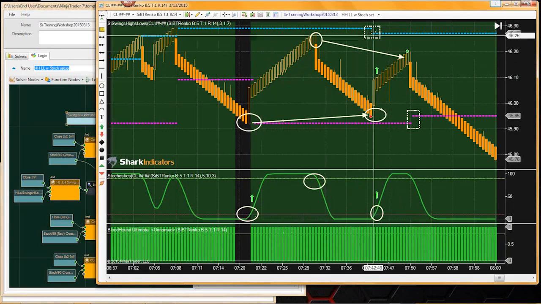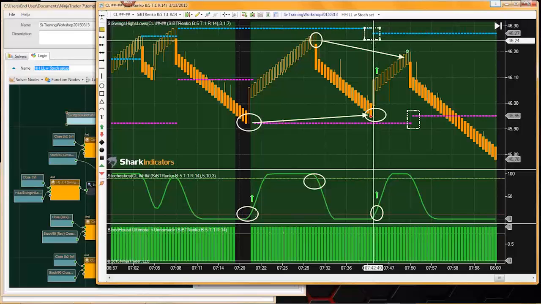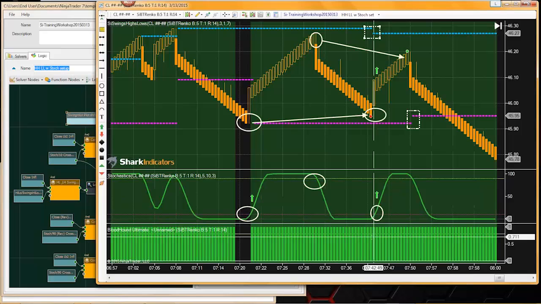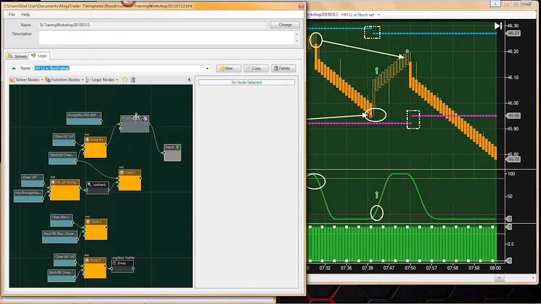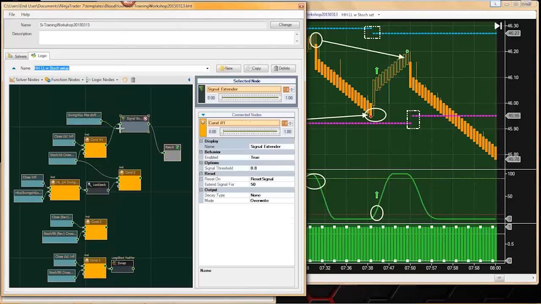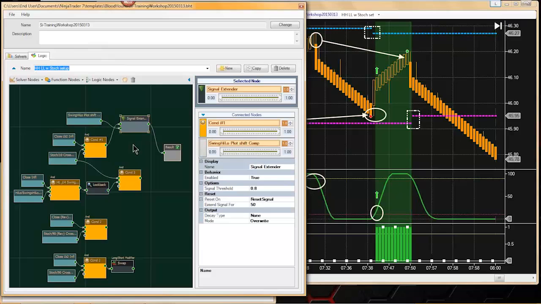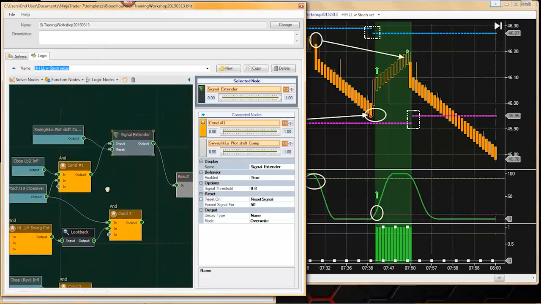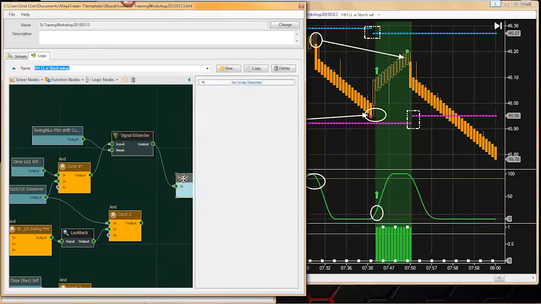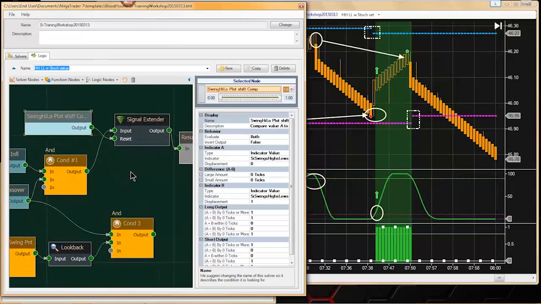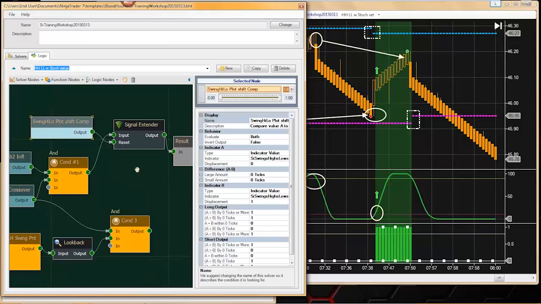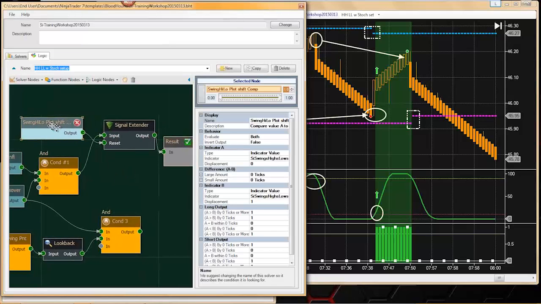So that short that we got from this solver is opposite of the long signal, the long state that we're getting out of the signal extender. So when we reset this, let me zoom in here. So we're connecting the solver into the reset here.